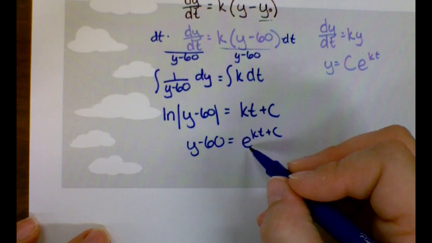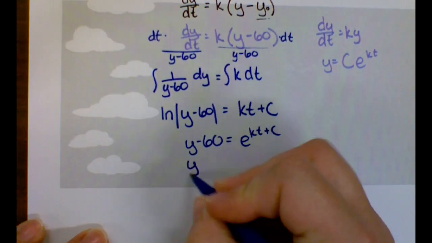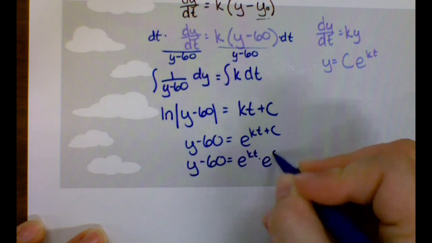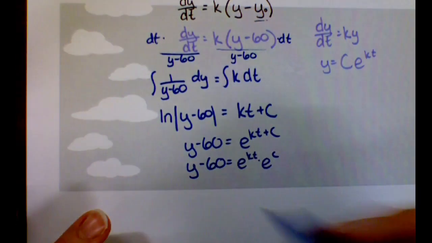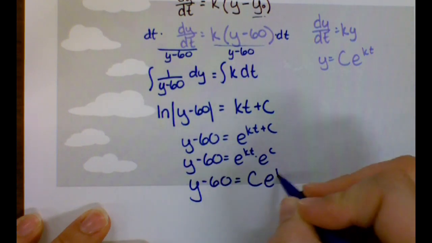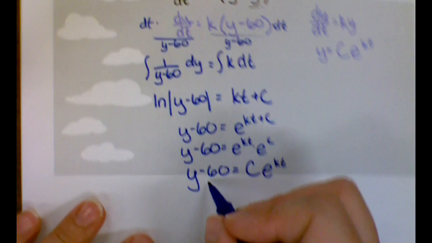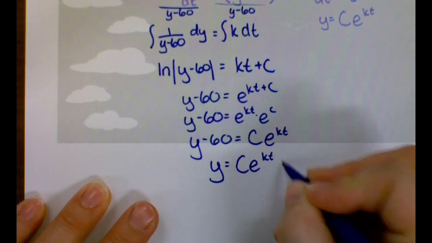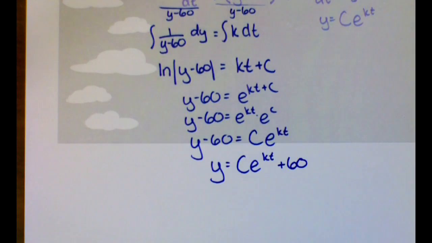Well, I can separate this out into separate exponents: e to the kt times e to the c, which is just a different constant. C, e to the kt, but I still have the 60 to deal with. That 60 is just added on the end.